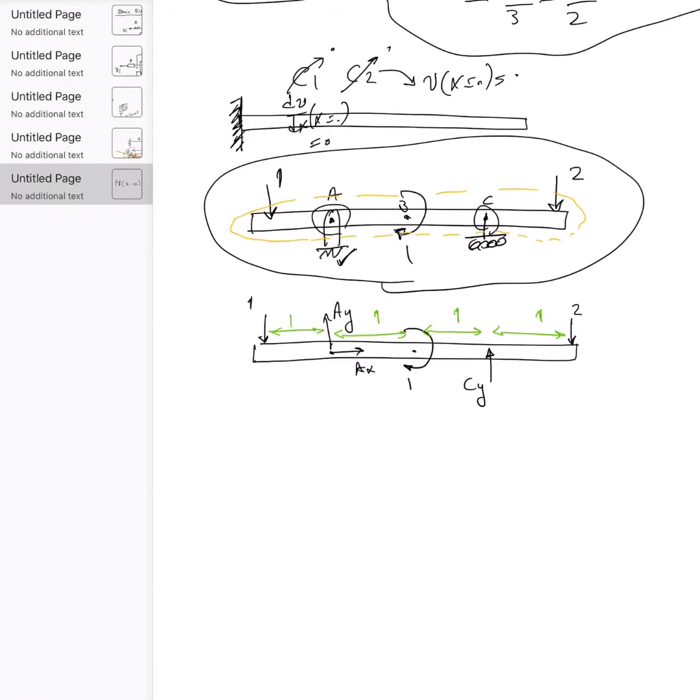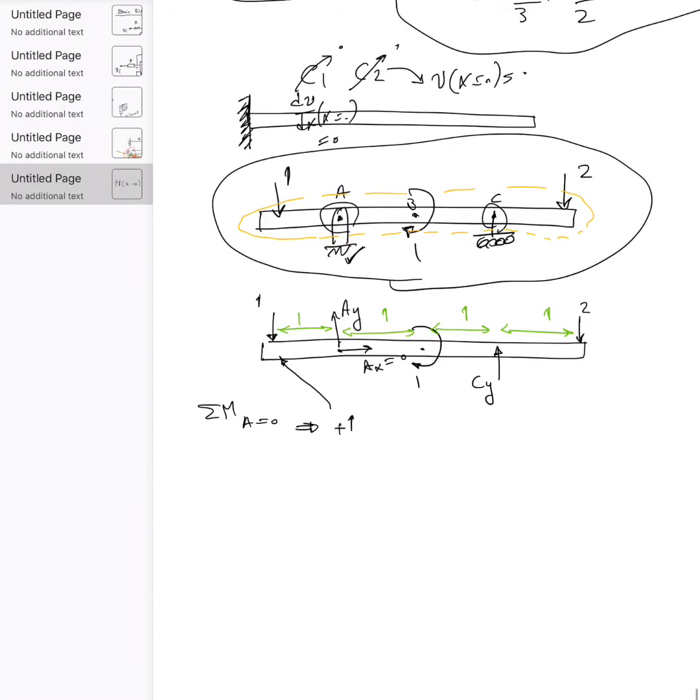Well, obviously AX is 0, so I write the sum of moments about point A equal to 0. That's going to give me CY. So I get 1 plus, I'm not going to mark it because you know this stuff pretty well from vector statics.